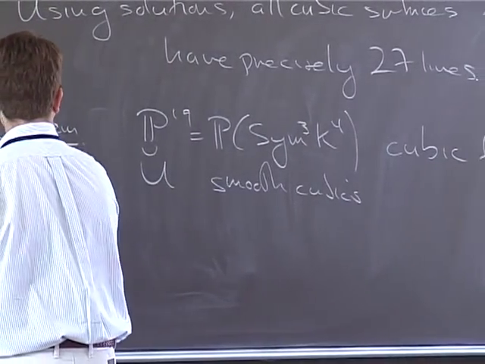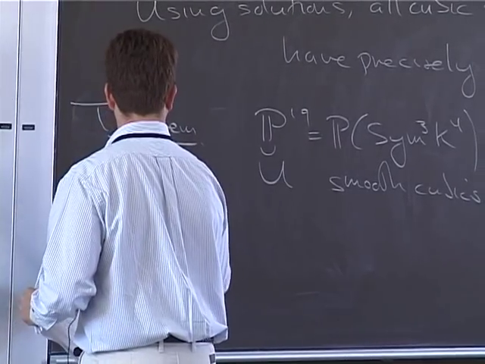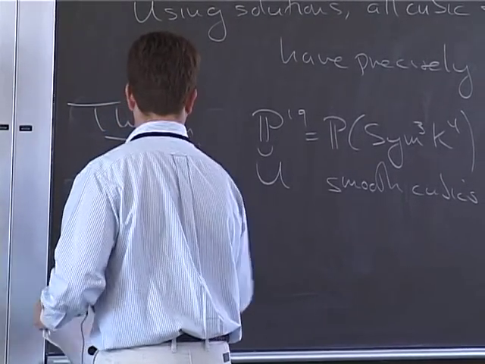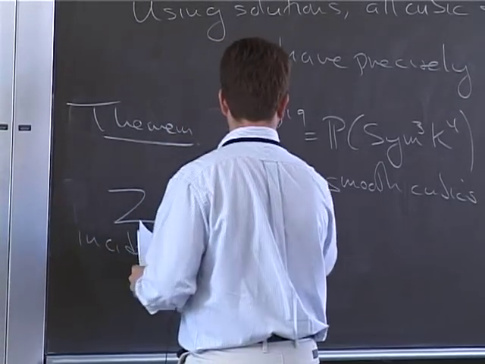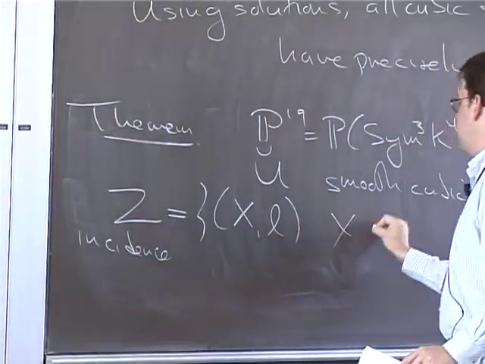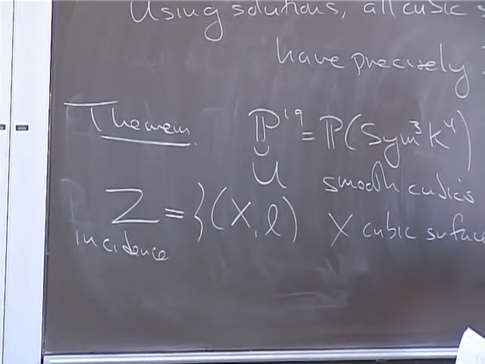And we also have the incidence variety, consisting of all pairs where X is a cubic surface and L in X is a line.